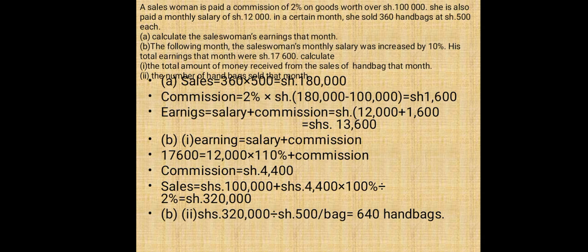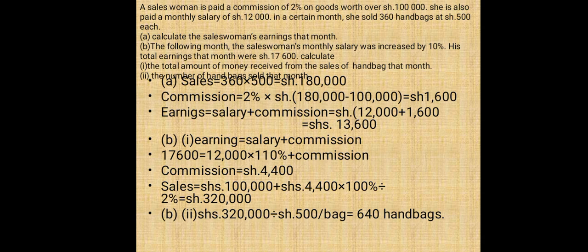So a commission of 2% on 180,000 shillings less 100,000, because she only earns commission on goods above 100,000. The commission will be 1,600 shillings. So the salary plus the commission, that is 12,000 plus 1,600. The total earnings will be 13,600.